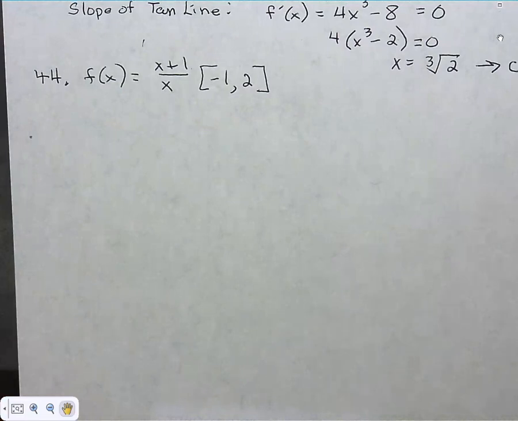The function f of x equals x plus 1 over x. We want to see if the mean value theorem applies on the closed interval from -1 to 2. And Glenn's already saying no. Why, Glenn? It's not continuous at 0, and 0's in that interval, which requires continuity.